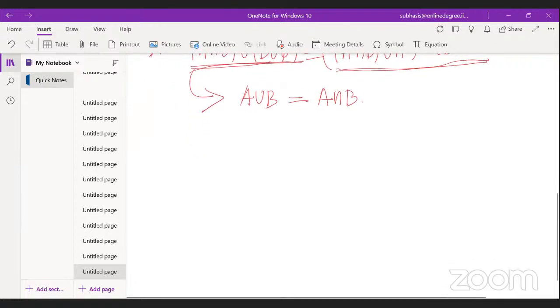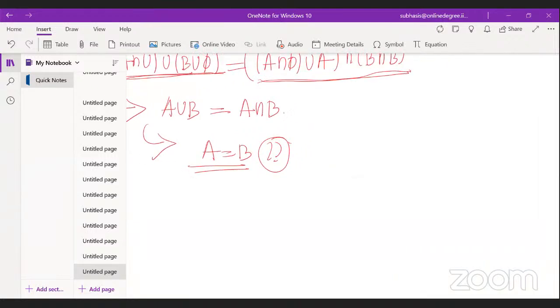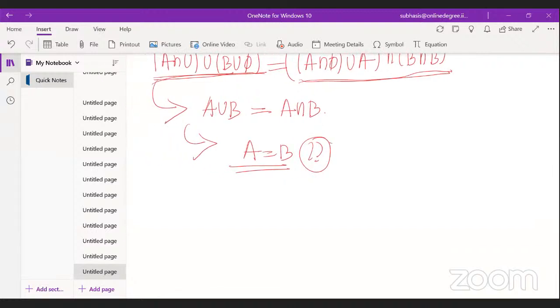So from this, you want to conclude that A equals B. Sir, how is A equal to B? This is my doubt, sir. As far as I know, I think sir discussed this in his lectures. Okay, let me solve it.